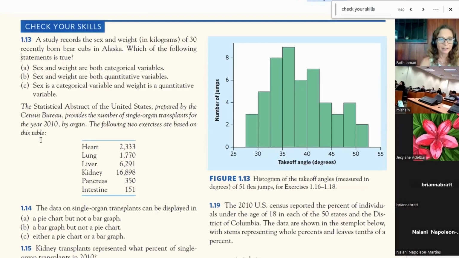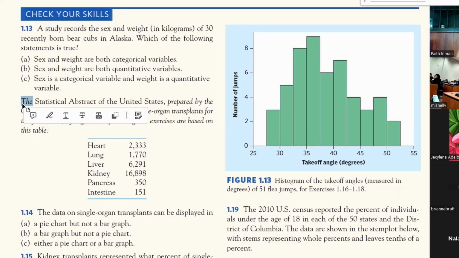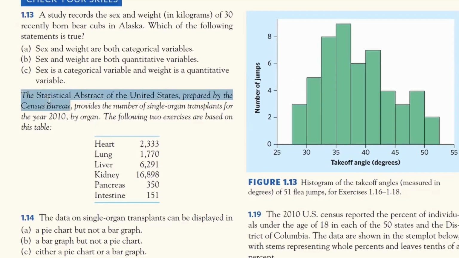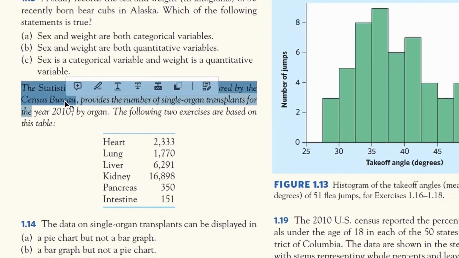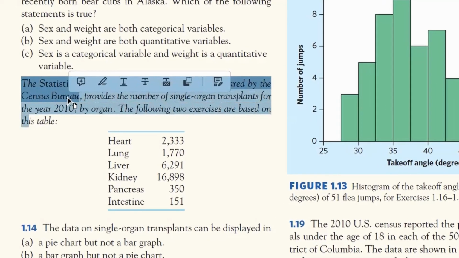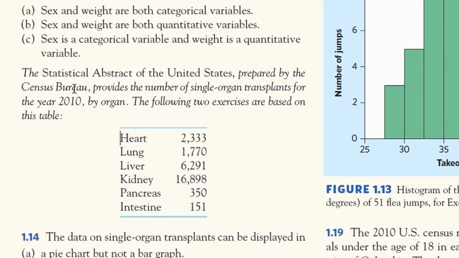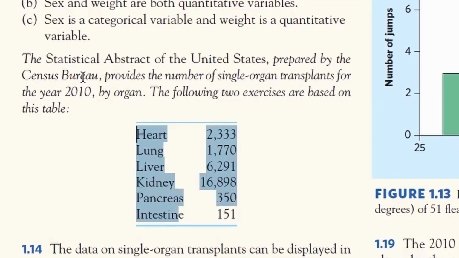Then we have this next question. The Statistical Abstract of the United States prepared for the Census Bureau provides the number of single organ transplants for the year 2010 by organ. The following two exercises are based on this table. So you just look at this table here. It has heart, lungs, kidney, pancreas, intestines, right?